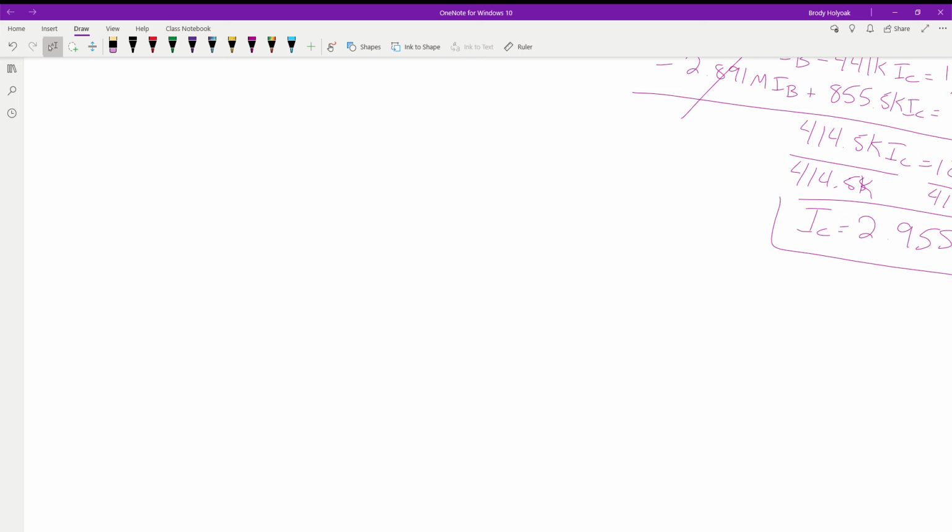Okay, so now we go back, and again, we put it into one of our original 3 equations to solve for IA. So we have 5K IA minus 1K times our IB current, which was 874.492 micro, minus the 4K times our IC, which was 2.955 milli, equals 25.